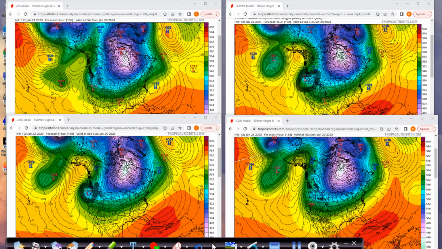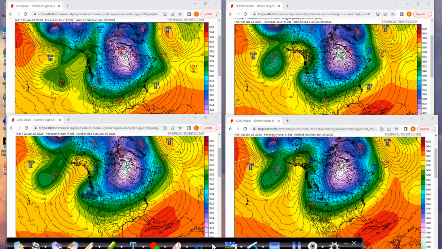The German model has a tiny little one, it's hard to tell from there. But if we get some development off the Oregon coast on the leading edge of this cold air that moves over the ocean, we could see some snow here at low levels if it gets cold enough Saturday night into early Sunday morning.